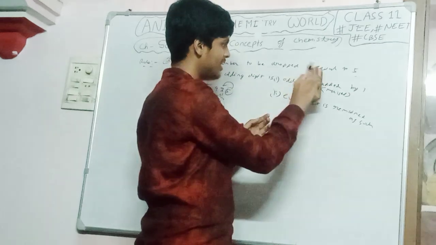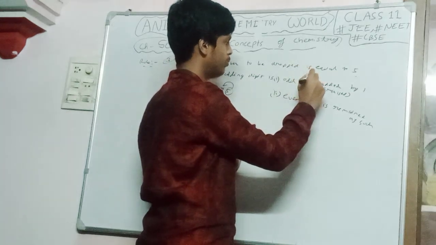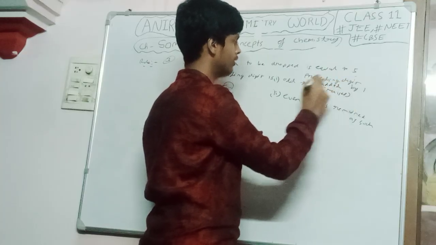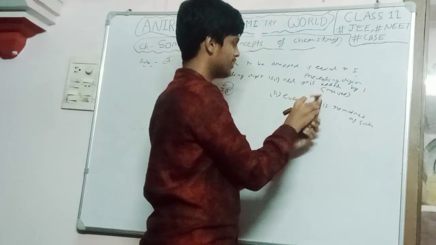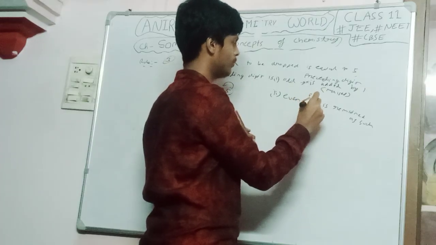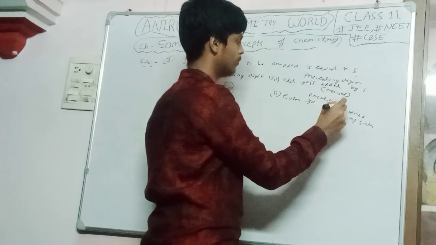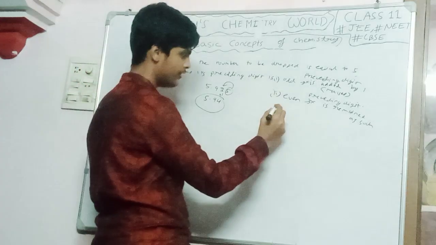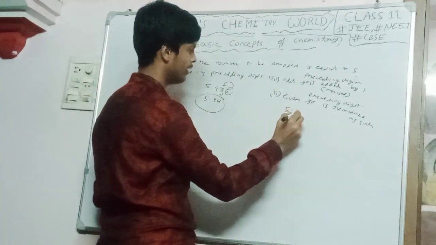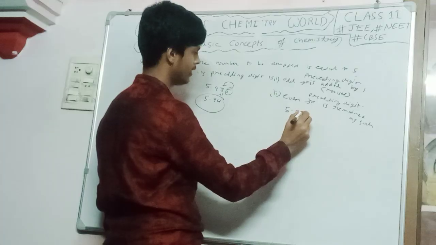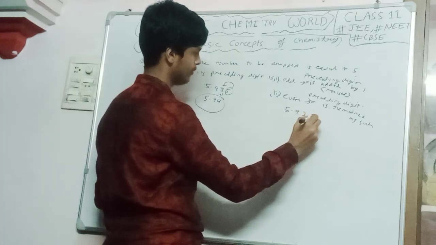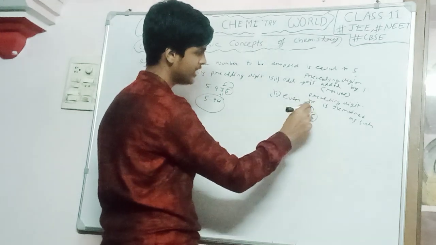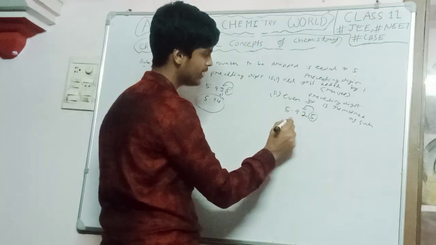For example, 5.925. If the number to be dropped is 5 and its preceding digit is even, then the number is retained as such.